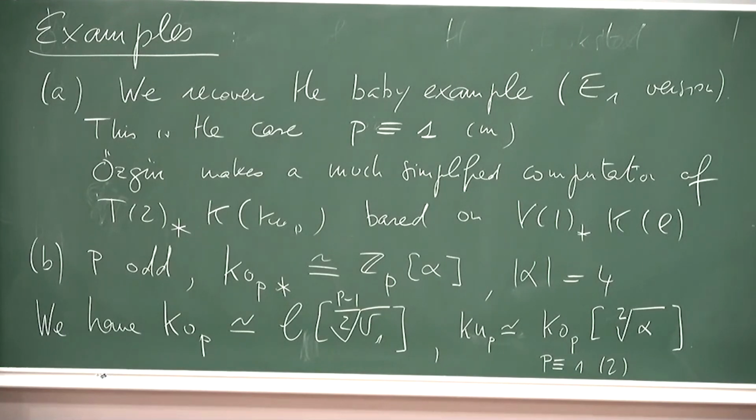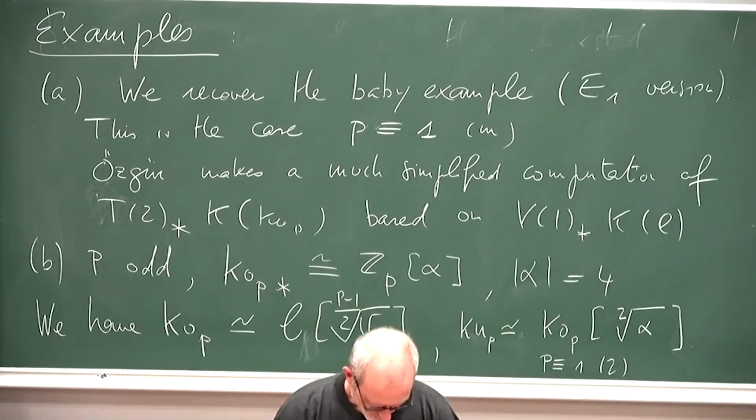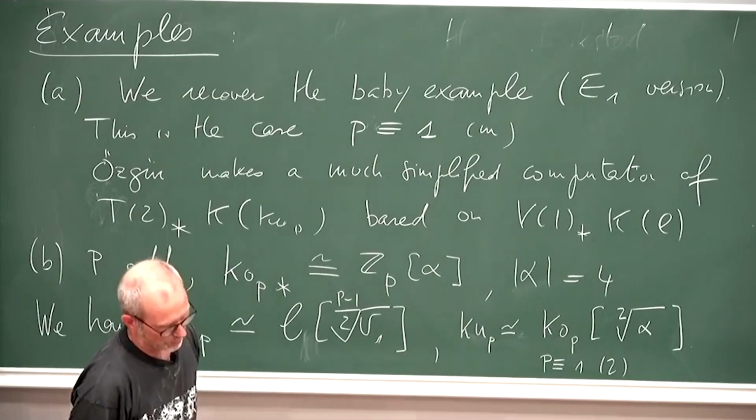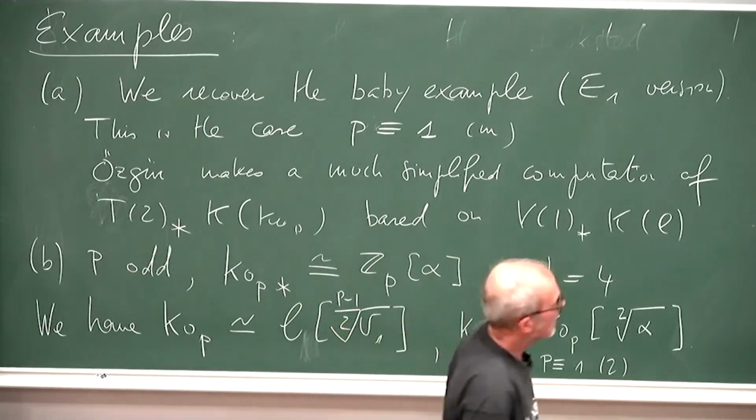So you can write completely what the classes are and so on. So we have a nice formula for T2 of KO, just falling out.